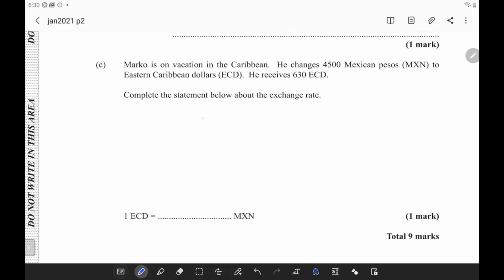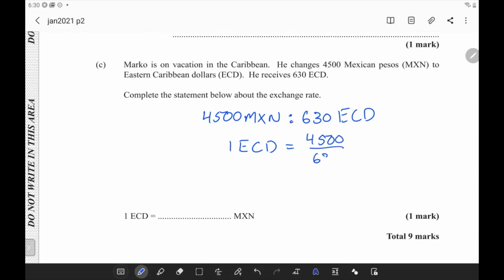Well, if he exchanges 4,500 and he gets 630, then 1 ECD is equal to 4,500 divided by 630 MXN, and that turns out to be $7.14.